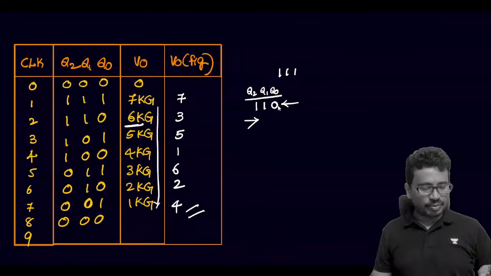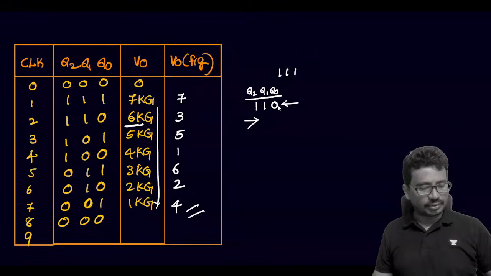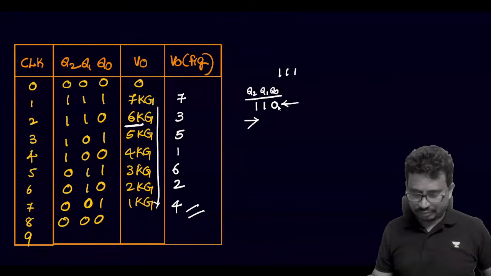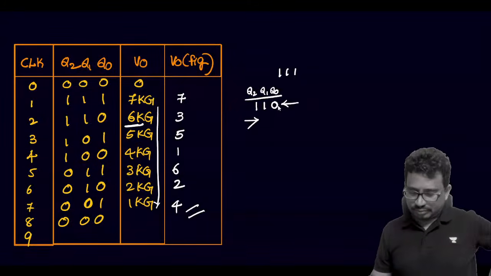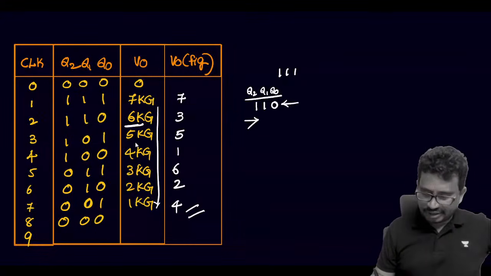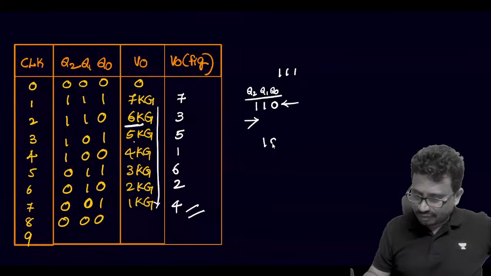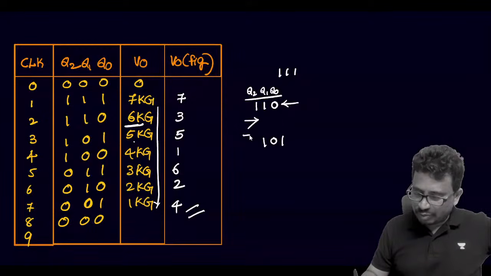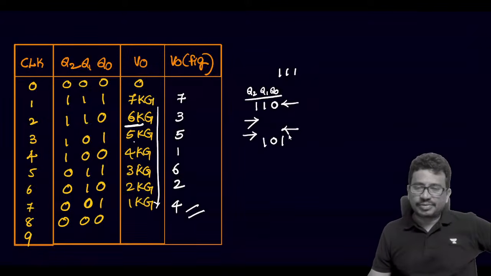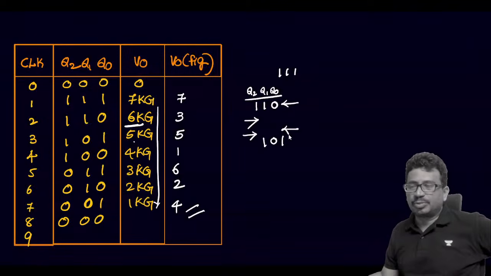Then it will come to be what, tell me? Now here we get the element 5. 5 will appear the same in both directions, only 5, no change.